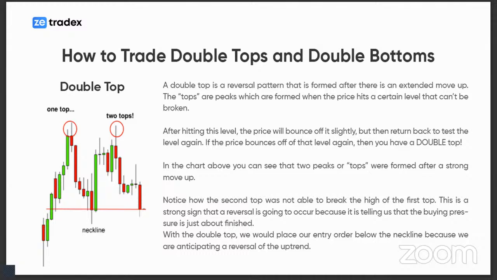And you notice, of course, that there was a slow decline by the first retracement candle. You notice how the second top was not able to break the high of the first top. This is a strong sign that a reversal is going to occur because it is more or less telling us that the buying pressure is just about finished.